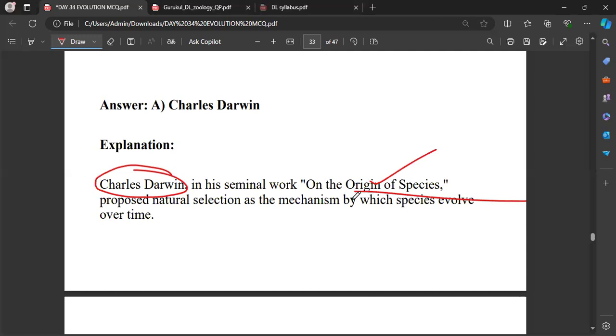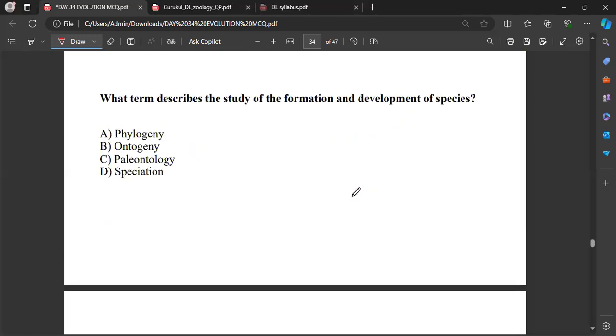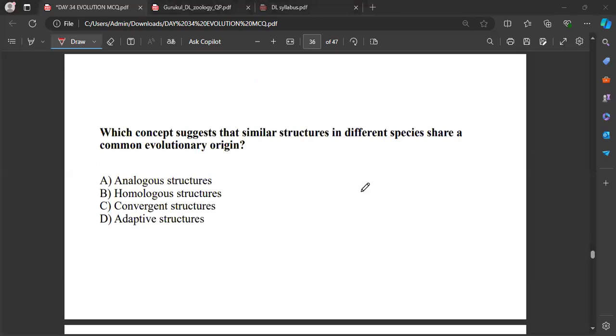Also remember the name of the book, okay? Which term describes the study of formation and development of species? That will be speciation. And which concept suggests that similar structures in different species share a common evolutionary origin?